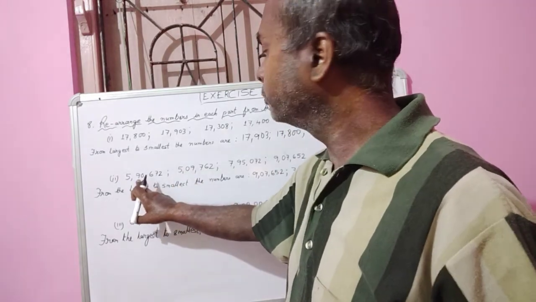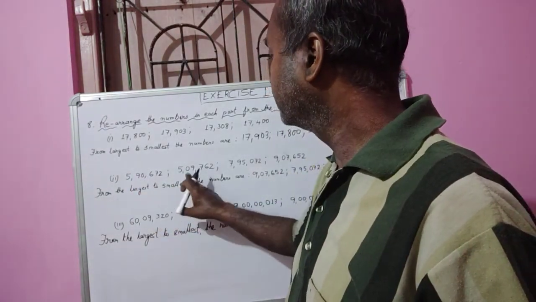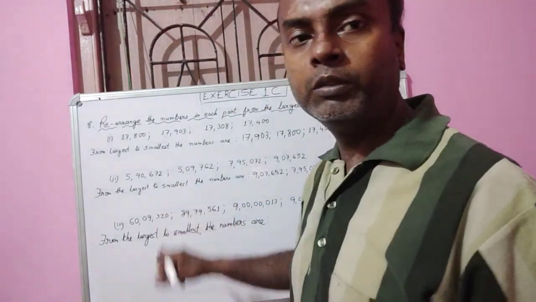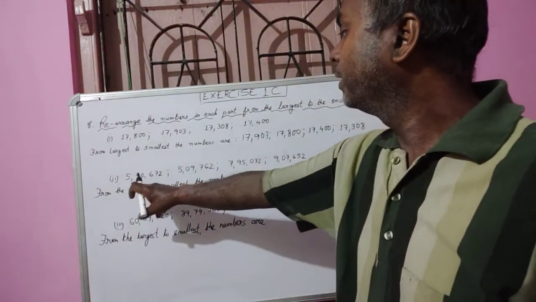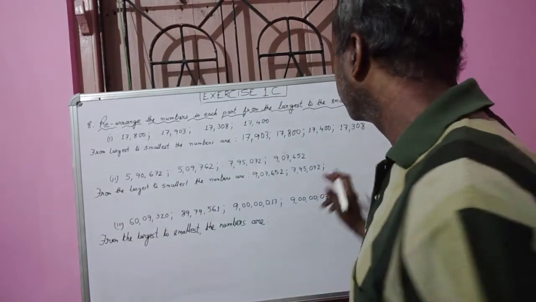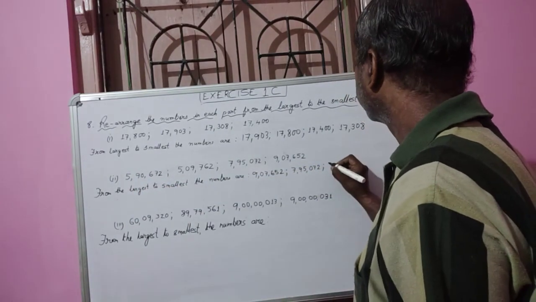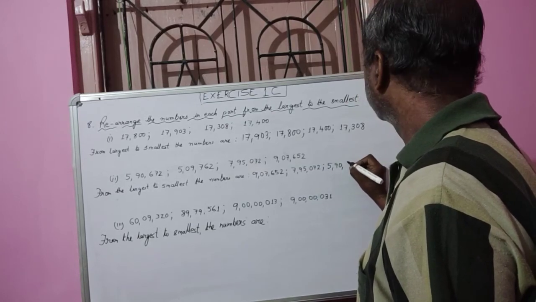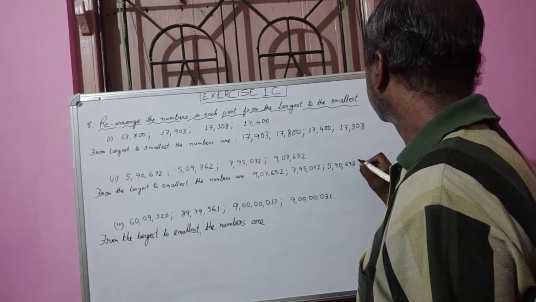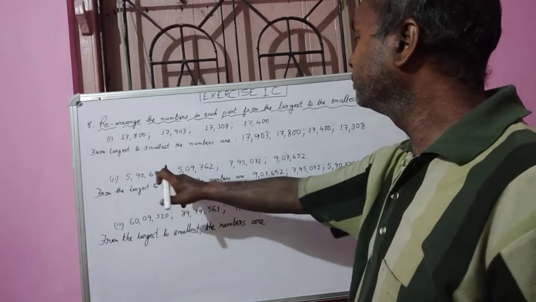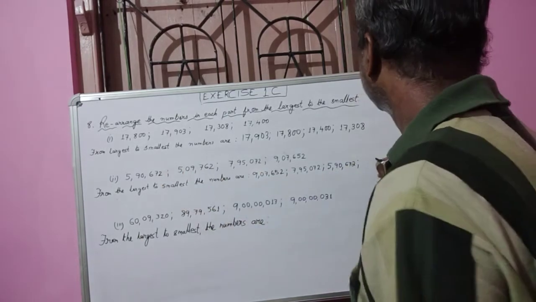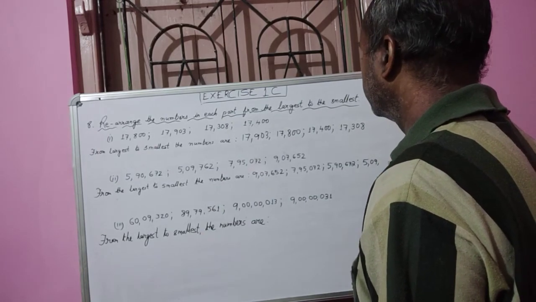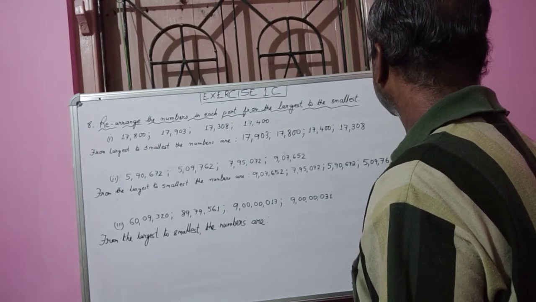Now in the thousands group we have in one number 90,000 and in the other 9,000. Which is bigger out of 90 and 9? Obviously 90. So 5,90,672 will come next. And the smallest number out of these four is 5,09,762.